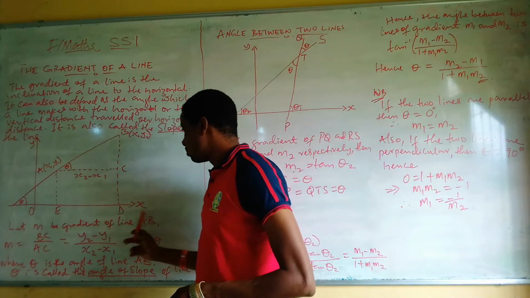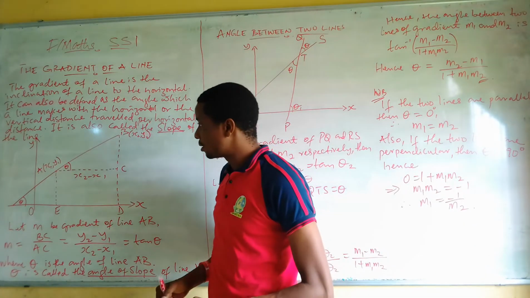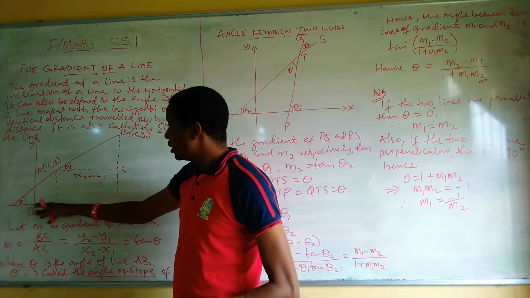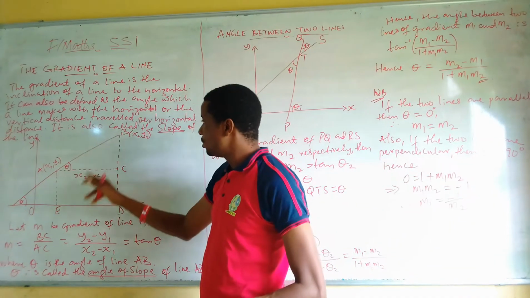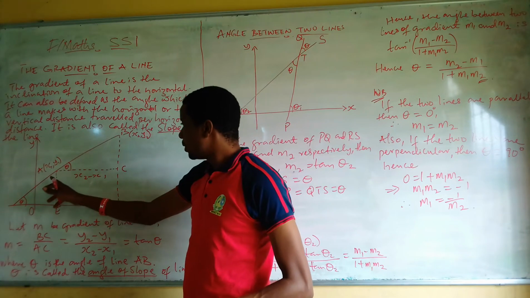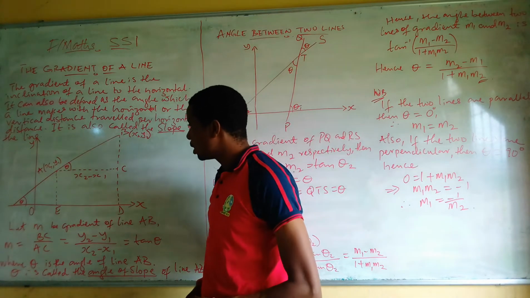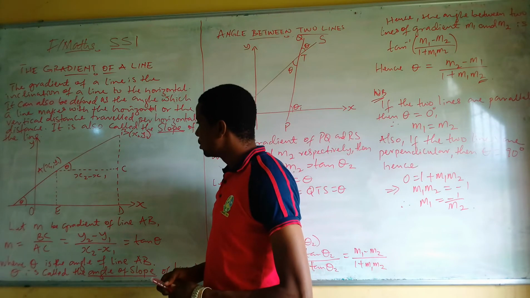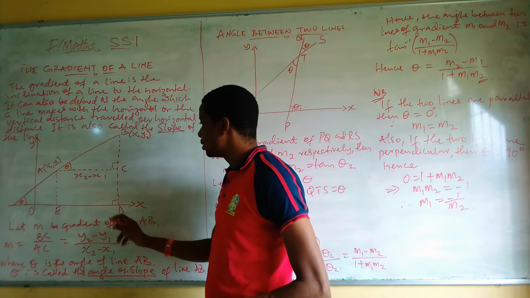We have this diagram OX, OY. That's the Cartesian plane, what we did last class. And this diagram is labeled, this is line AB. And we have this angle theta. This angle is equal to this angle. Then at this point, this is 90 degrees. This one will also be 90.